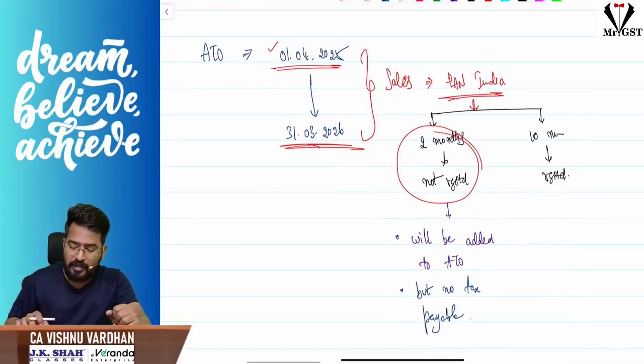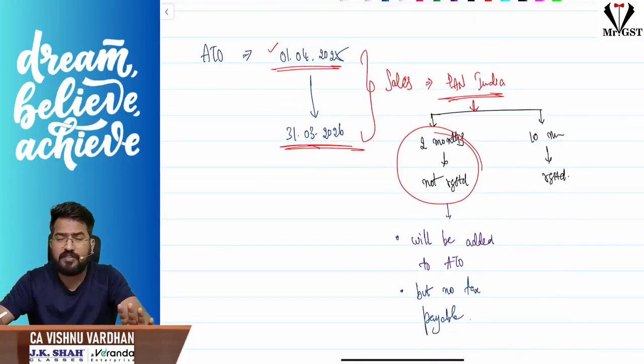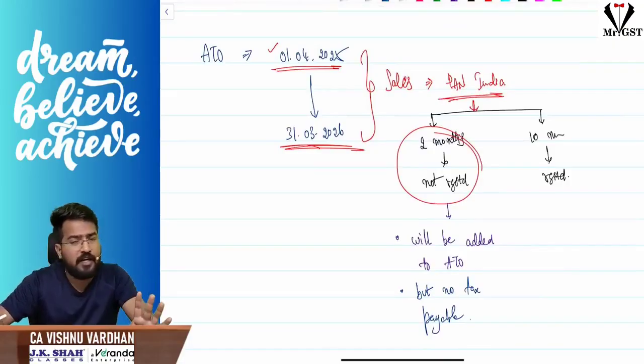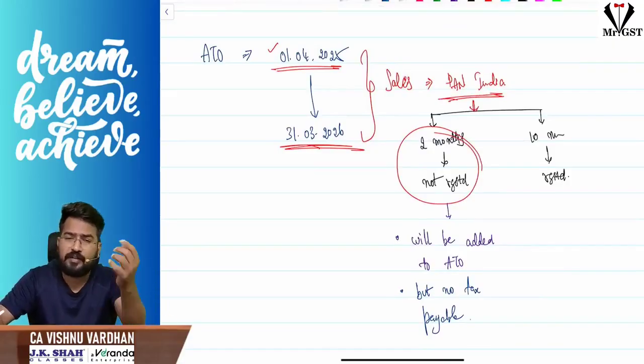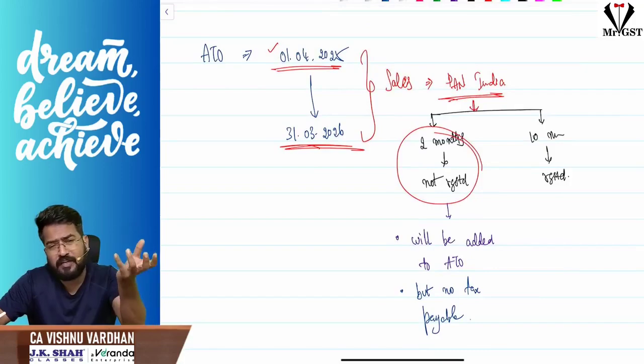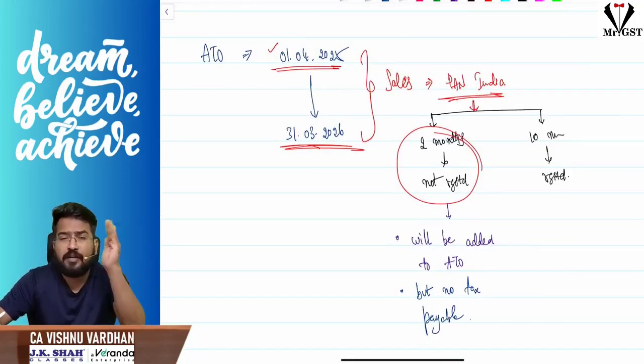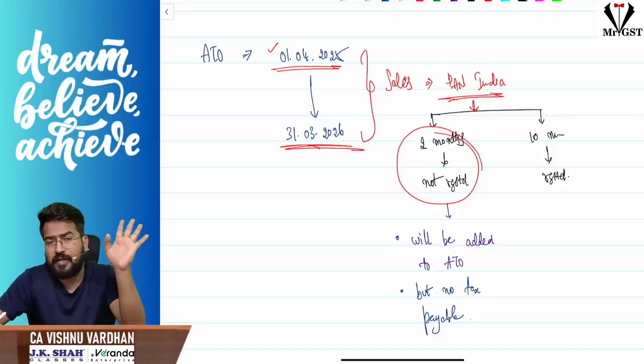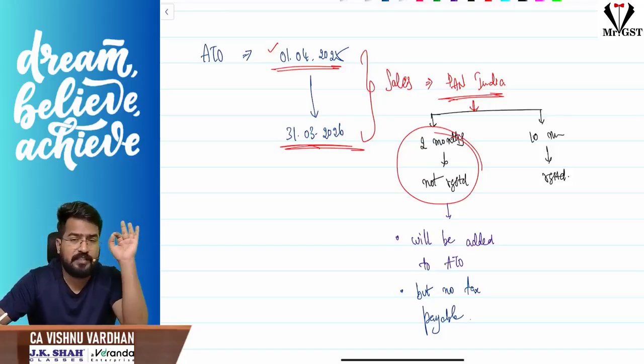So I repeat, aggregate turnover means from 1st April to 31st March whatever you do. During that financial year you may be unregistered initially for 2-3 months. Whatever turnover you have done in that period will also be added to the aggregate turnover, but no tax is needed to be paid.